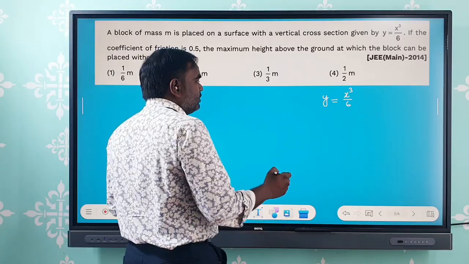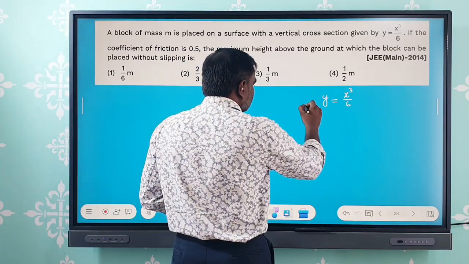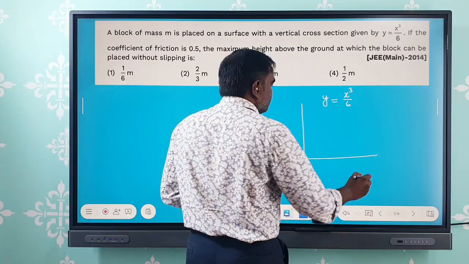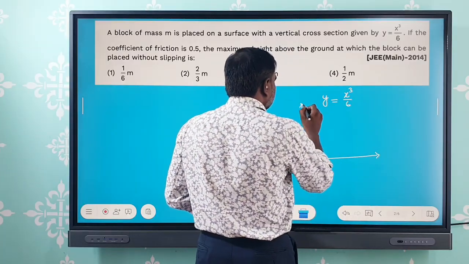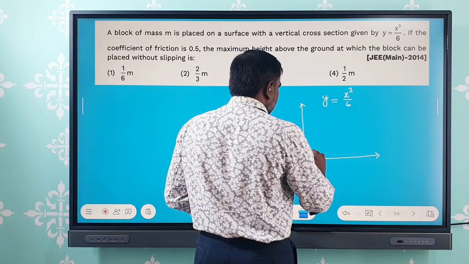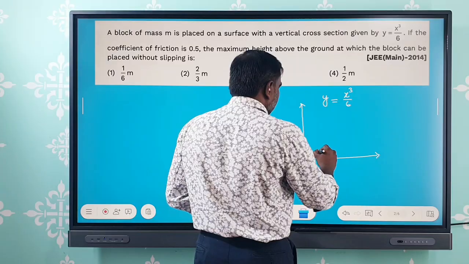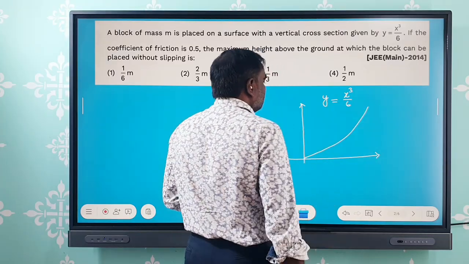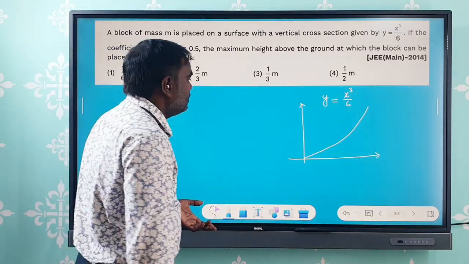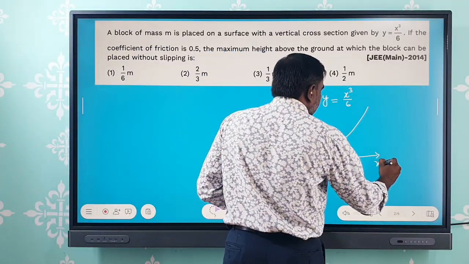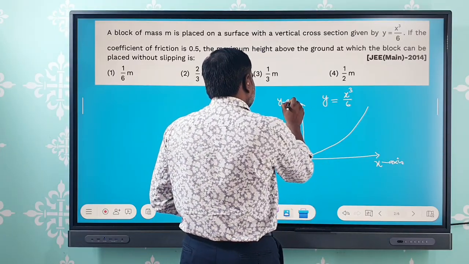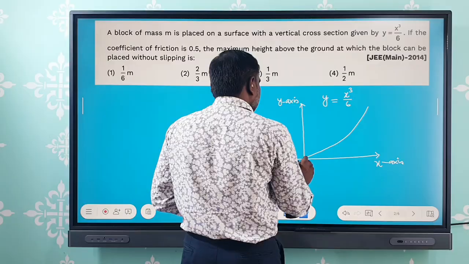If you draw this on the x-axis, you will find this as a curve that is moving like this. You can plot this curve, no problem. So this is the x-axis, this is the y-axis, and this is the origin.